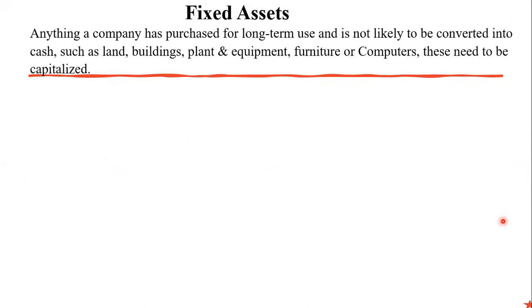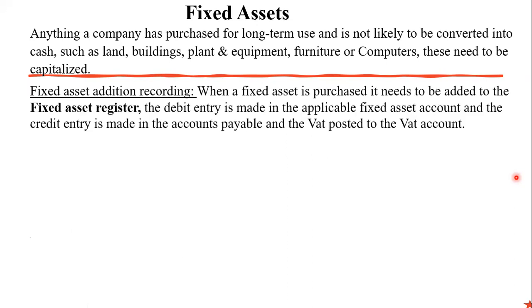Fixed assets. Anything a company has purchased for long-term use and is not likely to be converted into cash, such as land, buildings, plant and equipment, furniture, or computers. These need to be capitalized. We're going to look at how a fixed asset is added to the balance sheet.